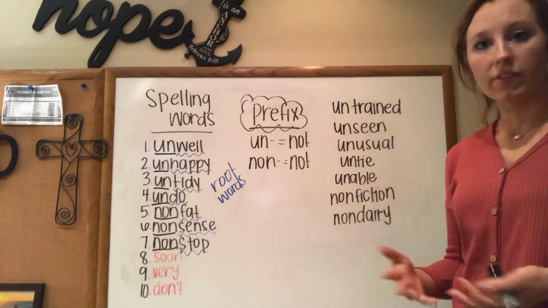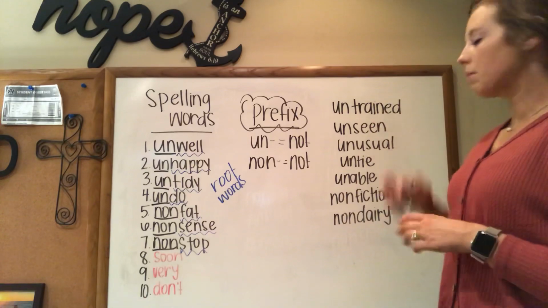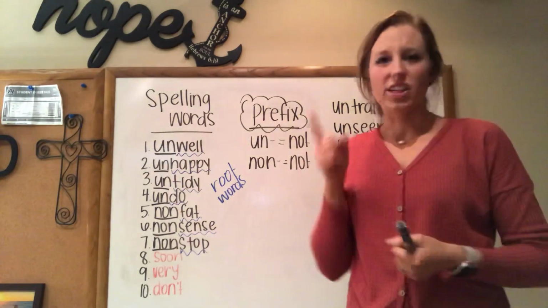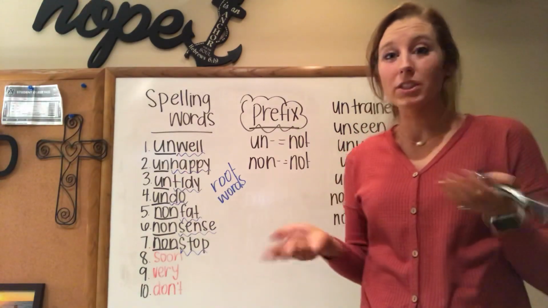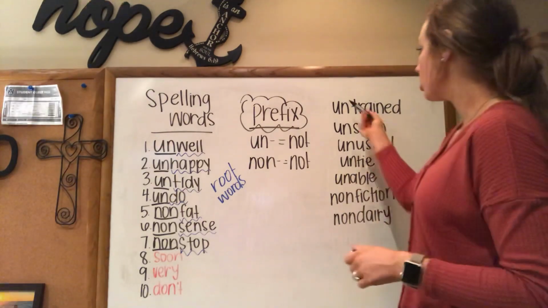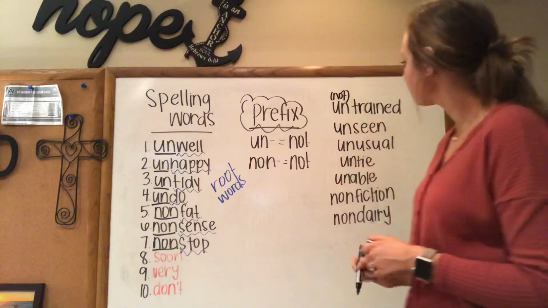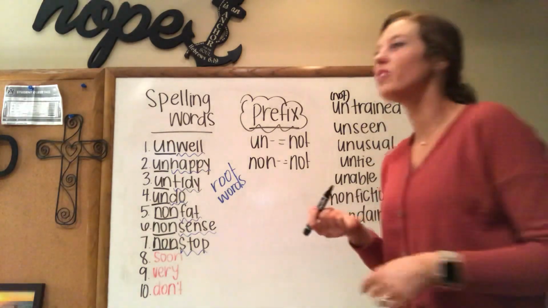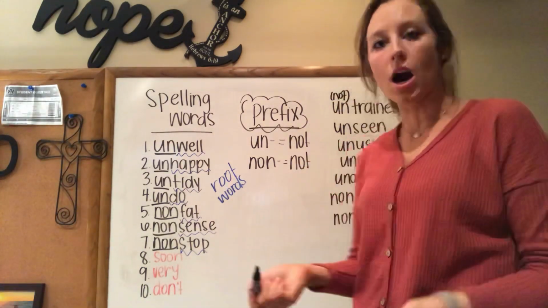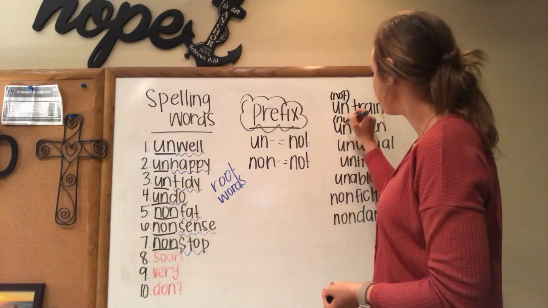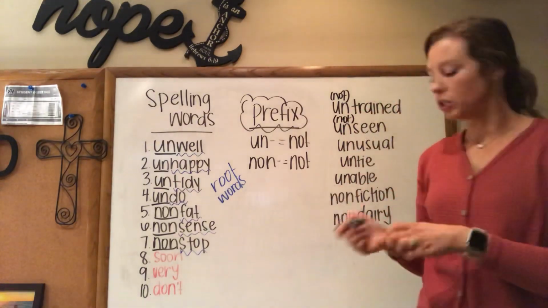So if you've unpaused the video and we've continued, let's think about untrained. If I say your dog is very untrained, that means your dog has not been trained. So we take un and it means not. So not trained. Unseen. That movie is unseen. That means you've not seen the movie. Unusual.